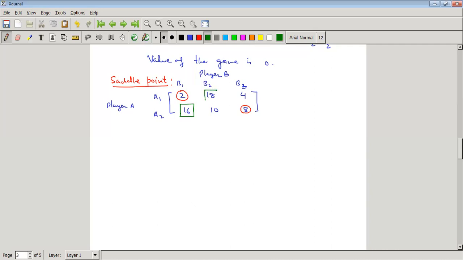So 18 is maximum. So again we put a square. In the third column, 8 is maximum. So we put a square. So now 8 is common, which is minimum in the row and maximum in the column. So this 8 is the saddle point of the game.